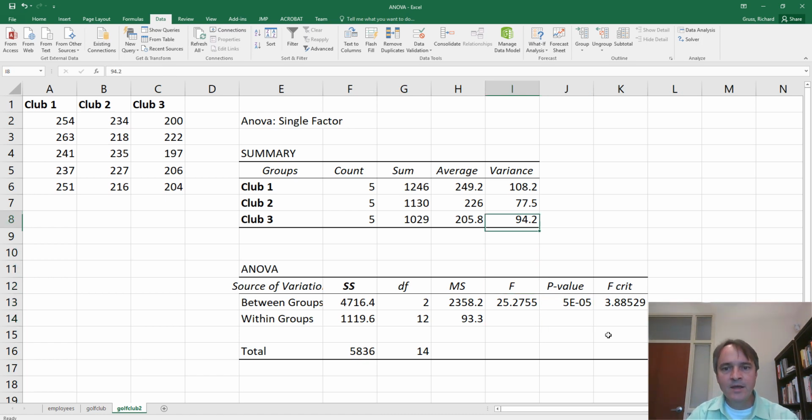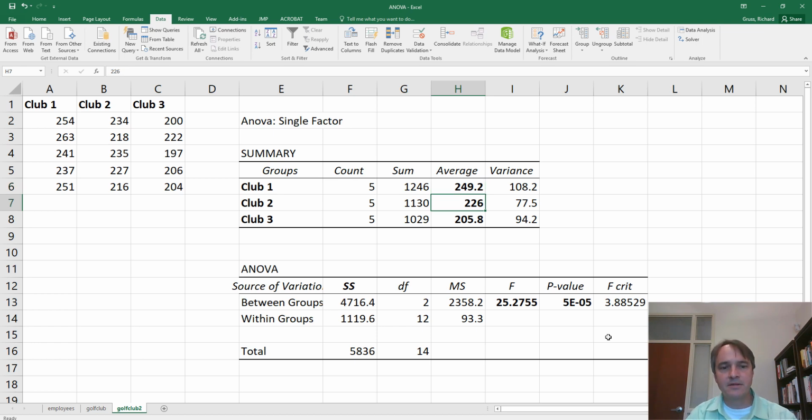Now, the reason for this summary table up here at the top is to do a follow-up. We now know for sure, based on this and this, that the clubs are different, but this doesn't tell us which ones. If we see our average here, I guess we can't really tell.